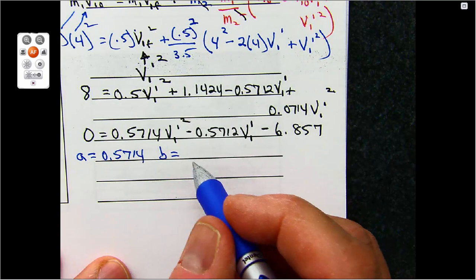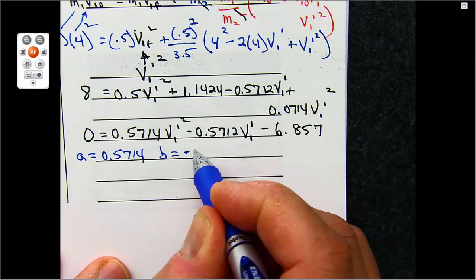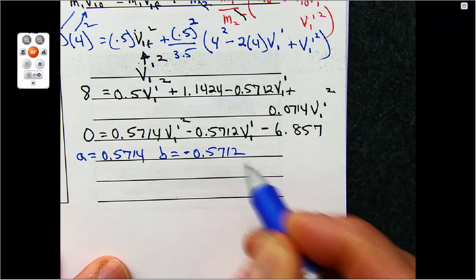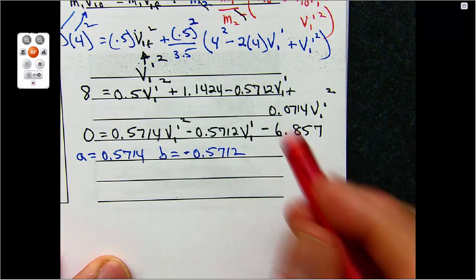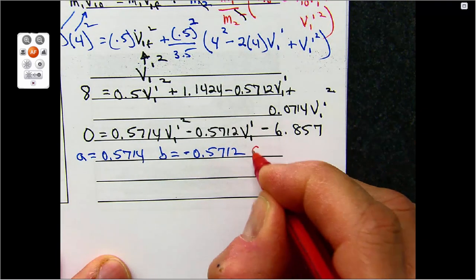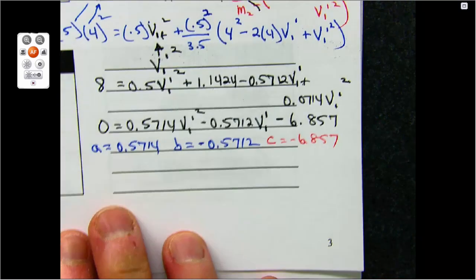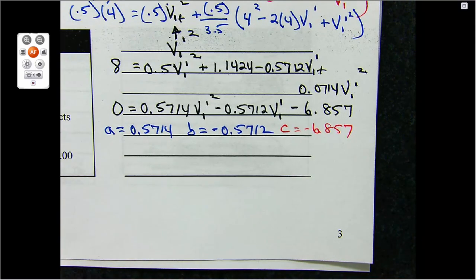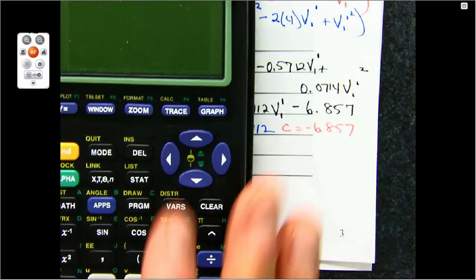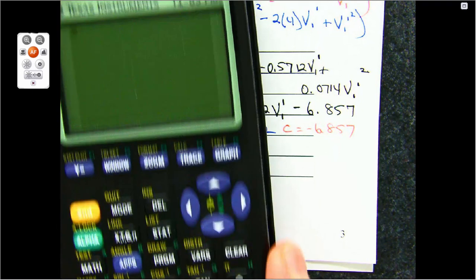So B is negative 0.5712, and this C is negative 6.857. All right? All right, let's see if this thing's going to work. Here we go.